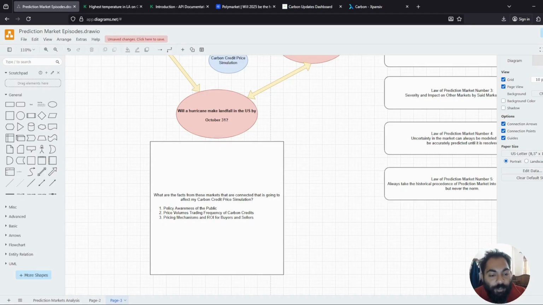Then there is the third part, which is the pricing mechanisms and the ROI for buyers. So based on 1 and 2 we'll be able to give the pricing mechanisms and ROI for buyers and sellers.